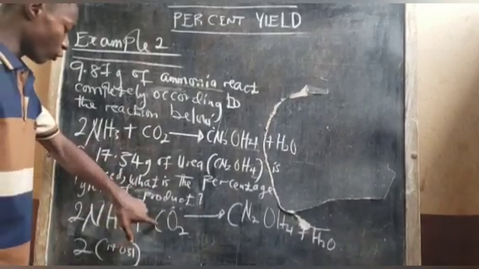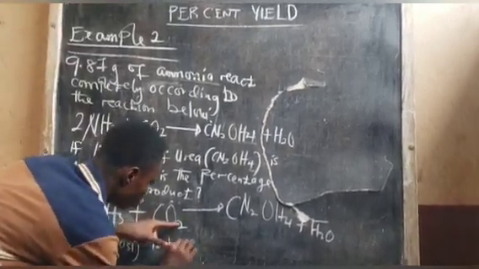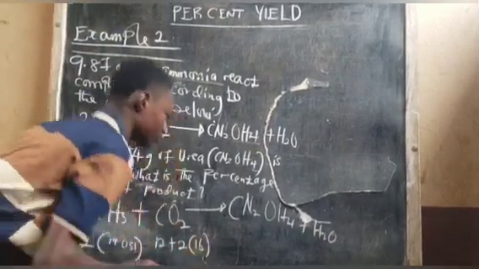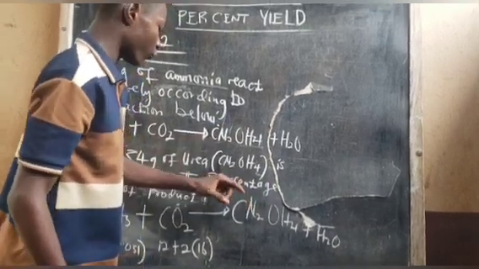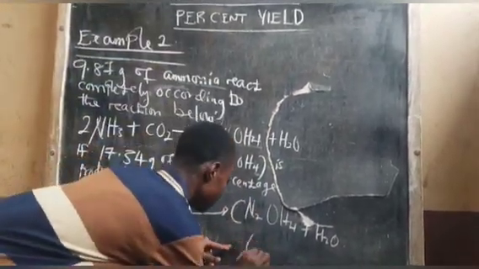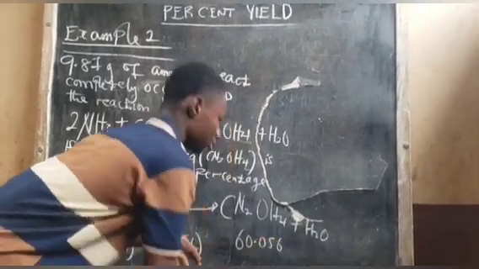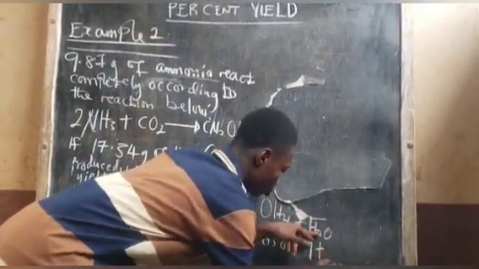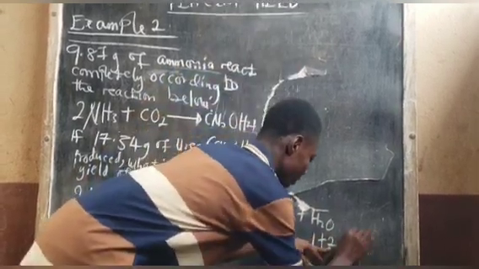The molar mass of carbon dioxide is 12 plus 2 into the molar mass of oxygen, which is 16. The molar mass of urea is 60.056, and the molar mass of water is 1 plus 2 into the molar mass of oxygen, which is 16.